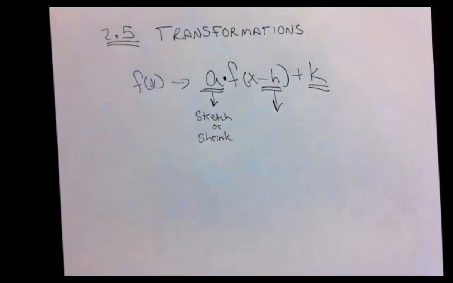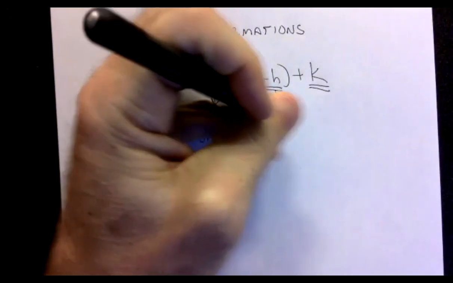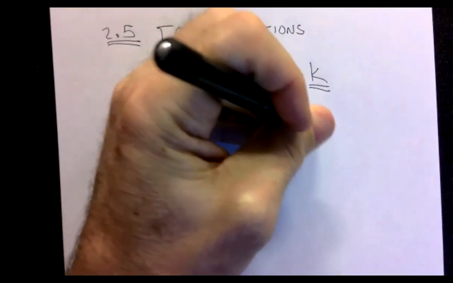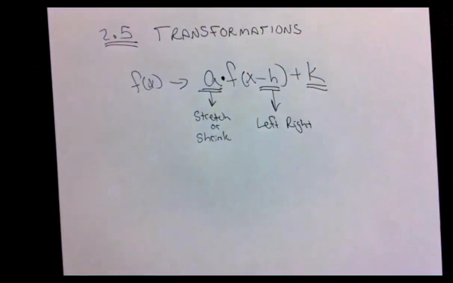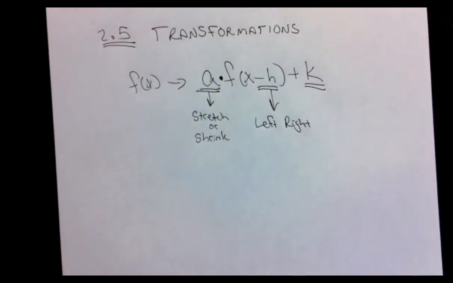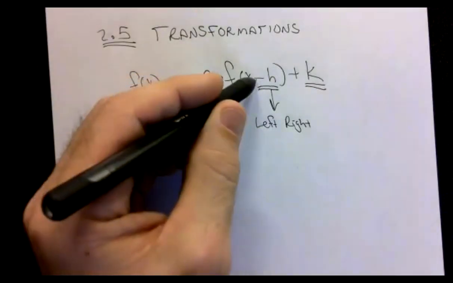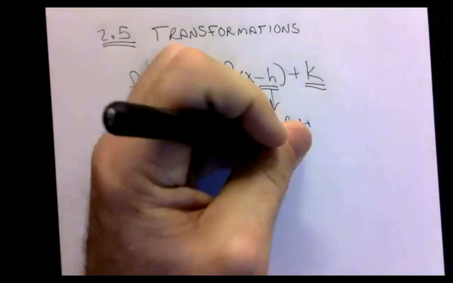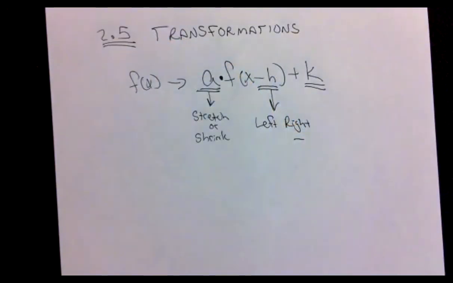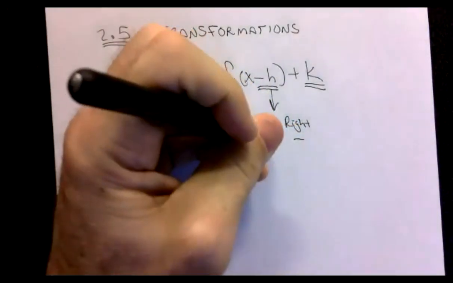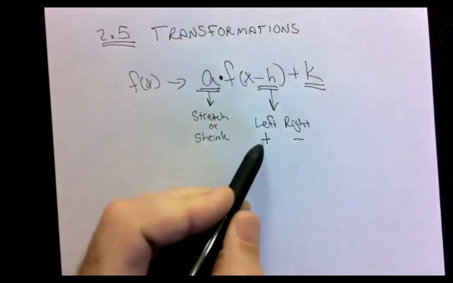Whereas your number inside of the function will shift your whole graph either to the left or to the right. This one actually moves backwards to what you would think. A negative number, so if we're subtracting, is actually going to go to the right. And if you add a number, if there's a plus, that's actually going to shift it to the left, which remember is backwards.